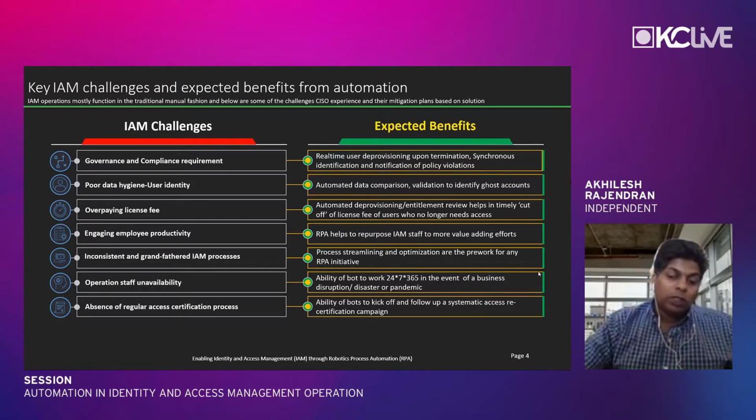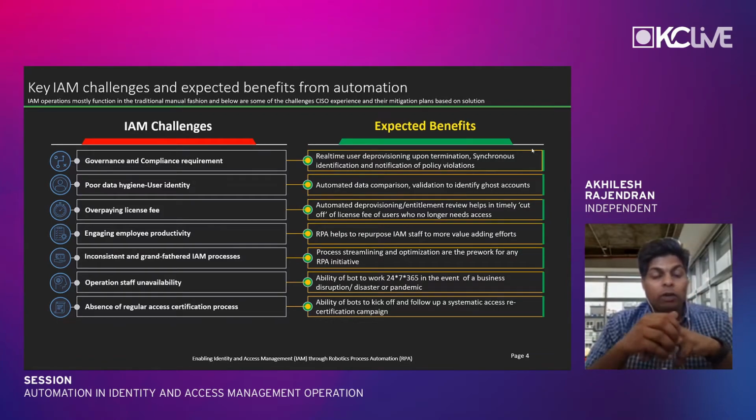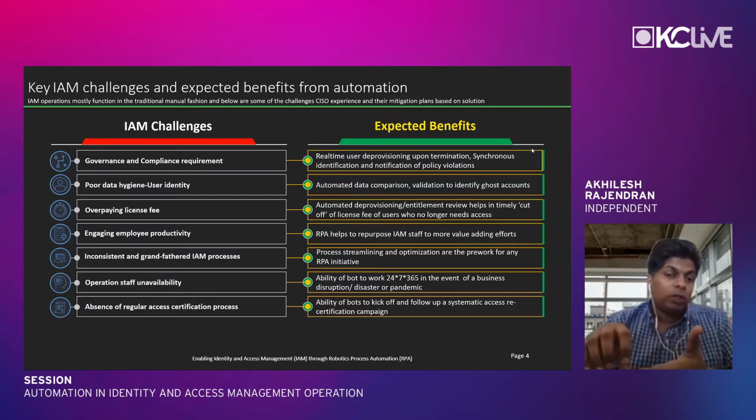Many of the processes are very redundant, with a lot of bottlenecks which can be avoided. And when we start implementing RPA, one of the first things I normally do is streamline and optimize the process, and then on top of that we add the automation components. So this is an indirect benefit of using RPA.